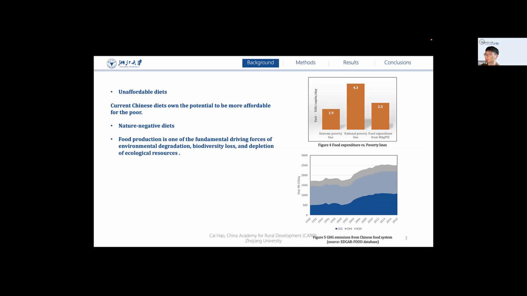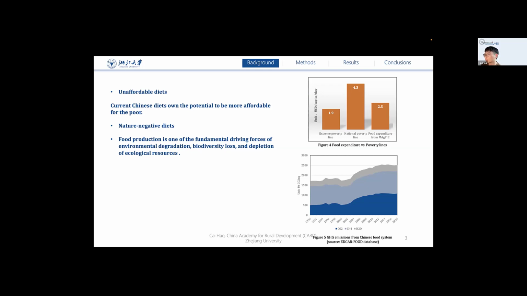I think the total GHG emissions from the Chinese food system is growing much bigger. It's more about the quick development of Chinese agriculture, but for CO2, N2O and CH4, the shares of them didn't change too much during the historical period.